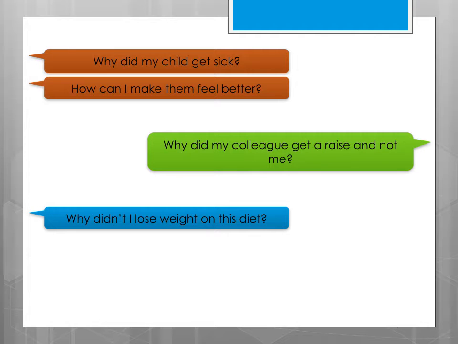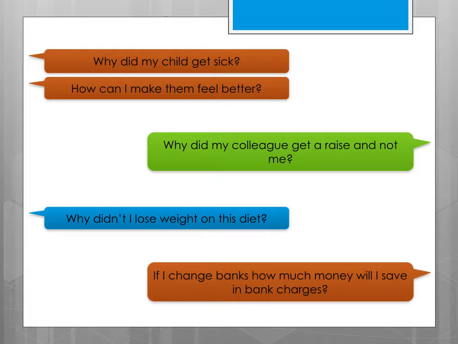Why didn't I lose weight when I was on this diet? And if I change banks, how much money will I save in bank charges? Now, these examples show just a few cause and effect relationships in your life, and there are many, many, many more that occur on a daily basis. But each of these examples show the importance of understanding cause and effect.